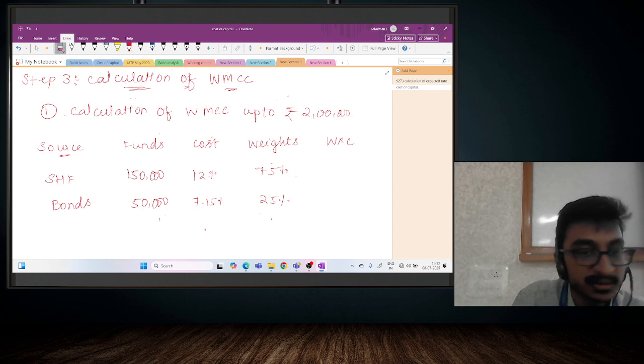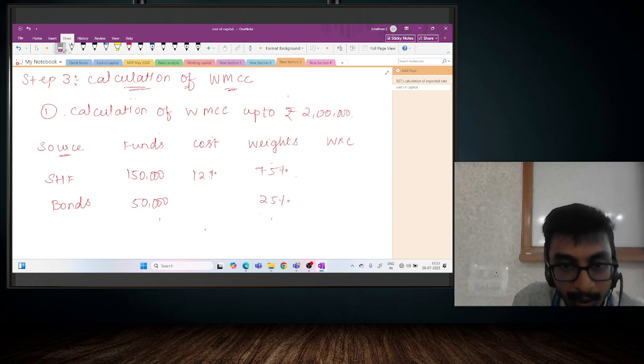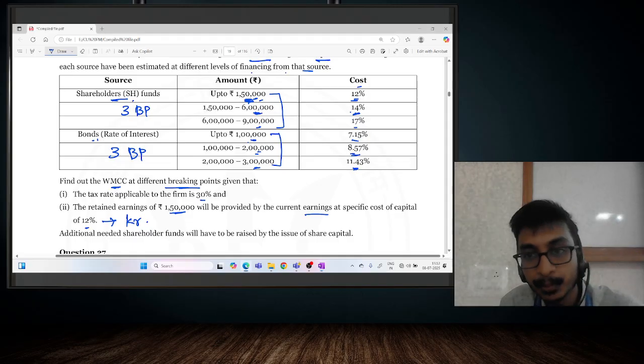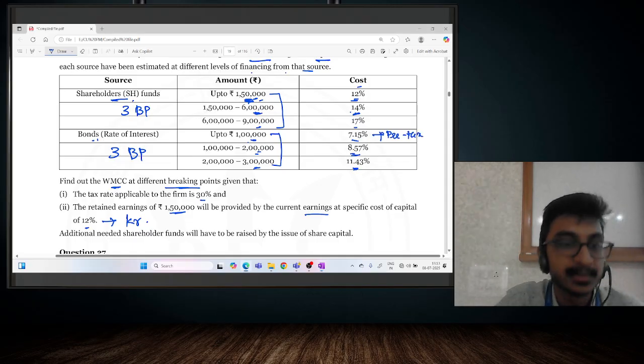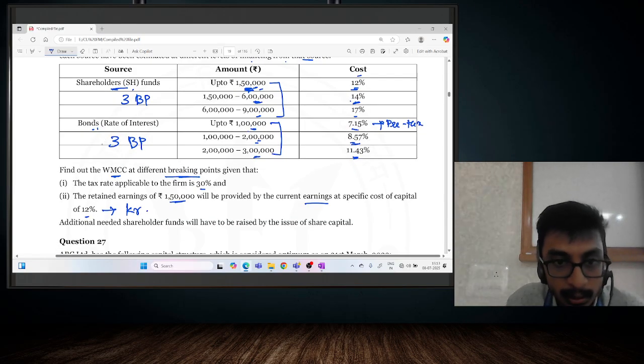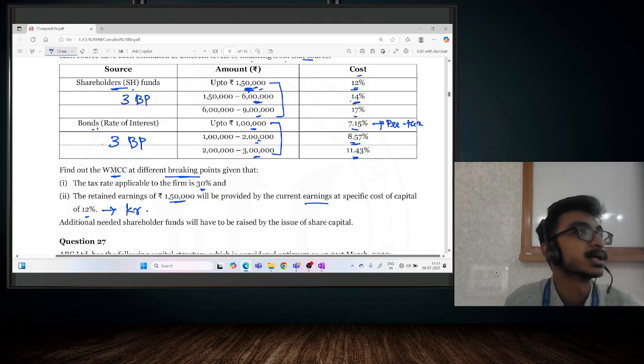Wait. We can't take the 7.15% directly. Wait. Because 7.15% is pre-tax. Tax rate is given in the question, 30%. So how do we calculate the after-tax cost of debt?